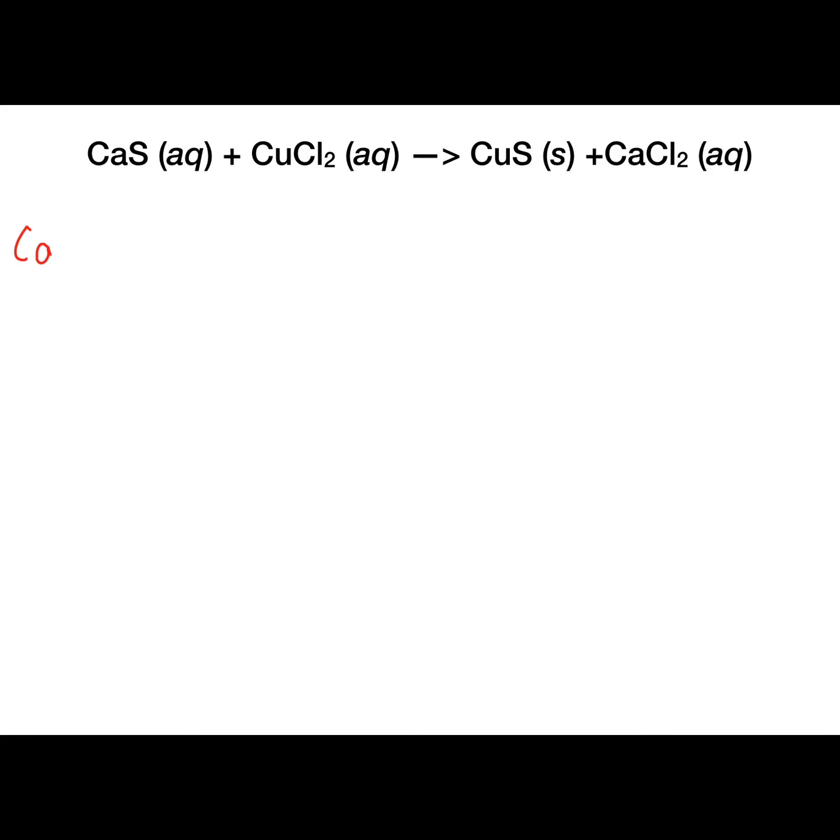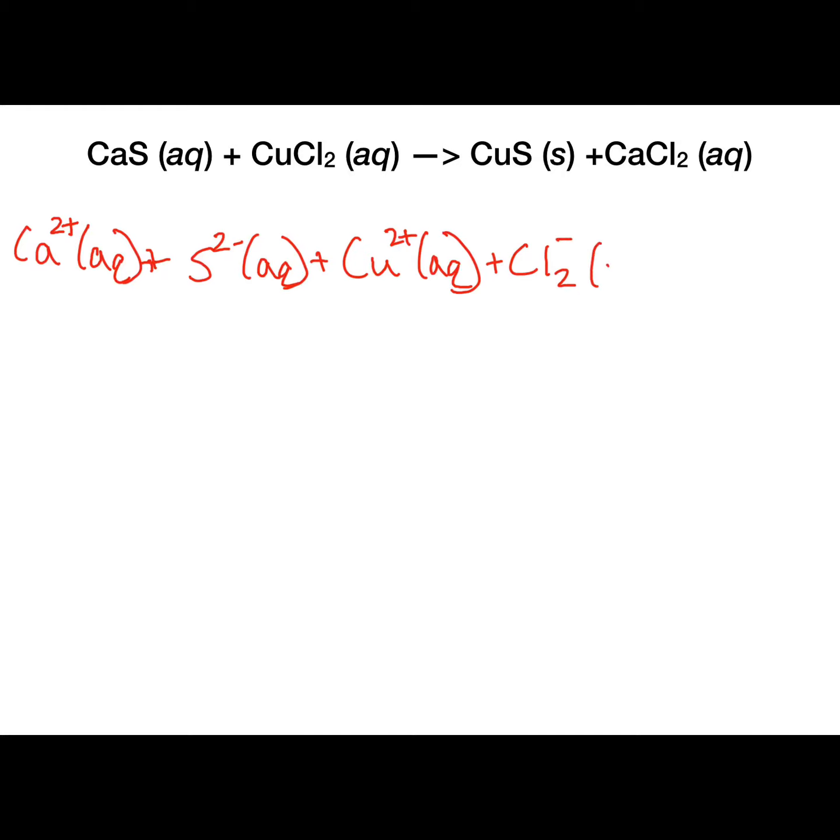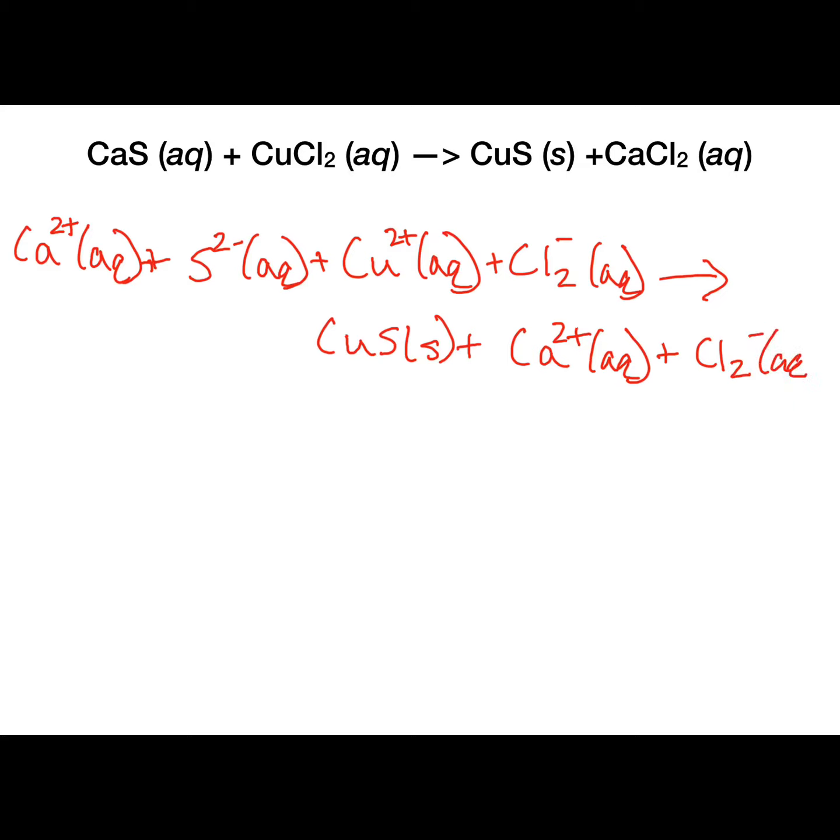So we have Ca2+ aqueous plus S2- aqueous plus Cu2+ aqueous plus Cl2- aqueous, yielding CuS is going to stay as it is since it's a solid, plus our Ca2+ aqueous and our Cl2- aqueous.